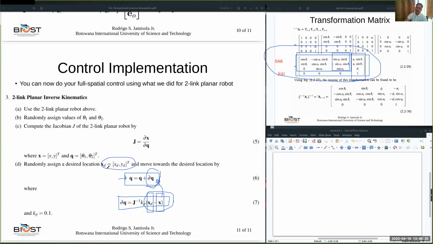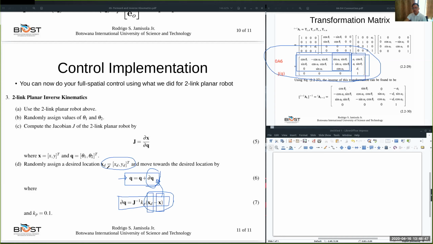Again, we're not talking about redundant robots here. We're assuming that the Jacobian J is square. That means that the number of joints, the degrees of freedom of the joints, is equivalent to the number of degrees of freedom of the workspace.